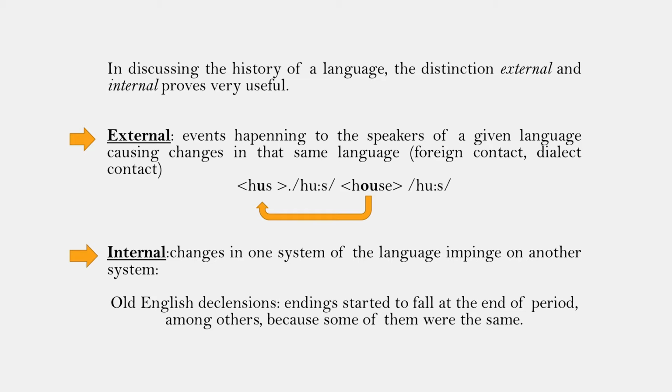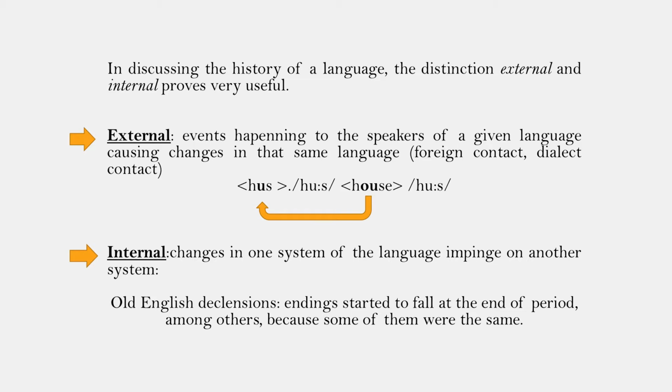We have an Old English word which was pronounced hoos, and we recognize this word as our present day house. Now, I want to refer to the change in spelling.